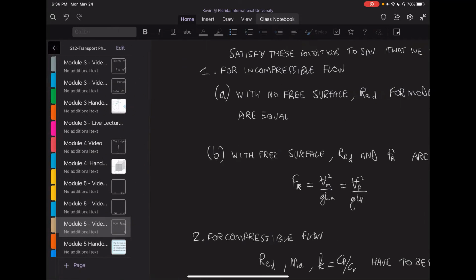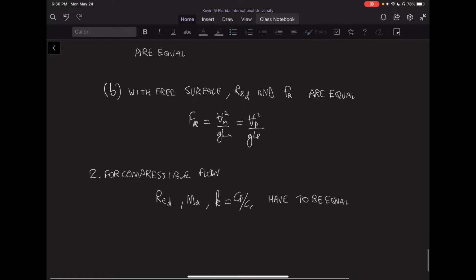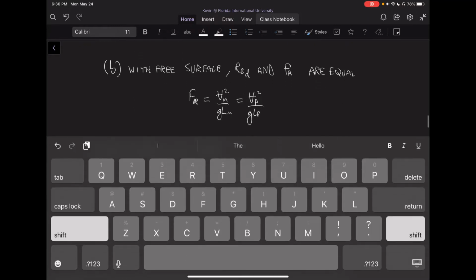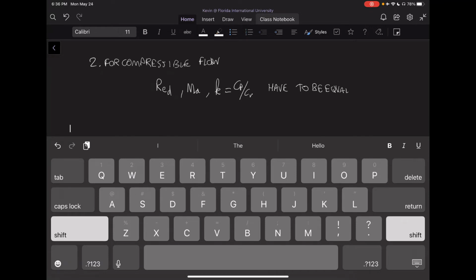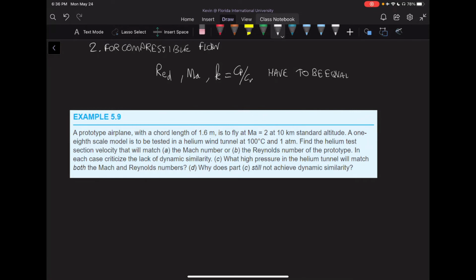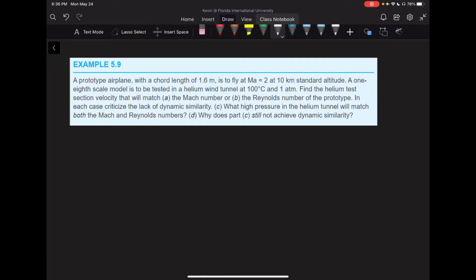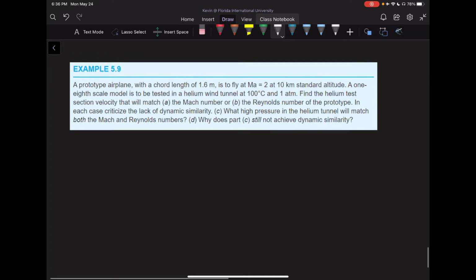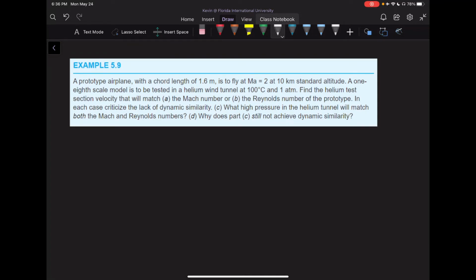Example 5.9 says that a prototype airplane with a chord length of 1.6 meters is to fly at Mach 2 at 10 kilometers standard altitude. A 1/8 scale model is to be tested in a helium wind tunnel at 100 degrees and 1 atmosphere. Okay, so we have a prototype and a model.